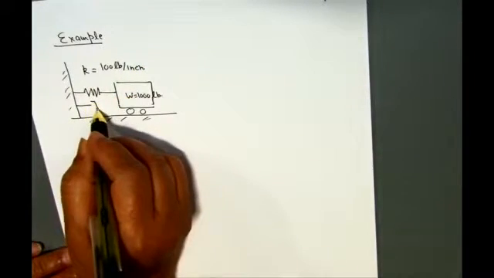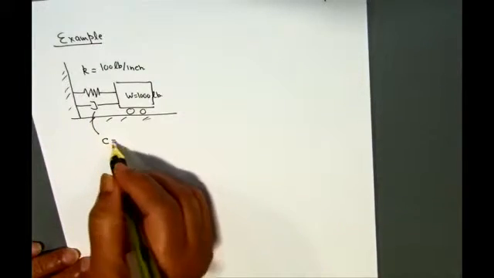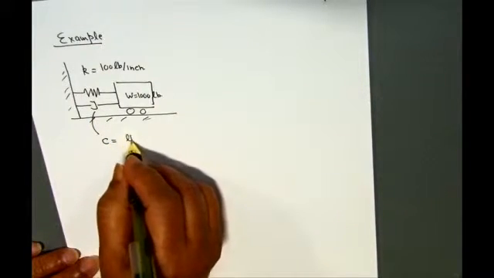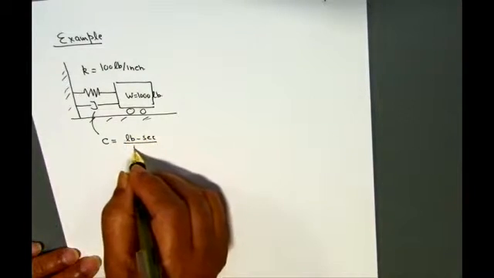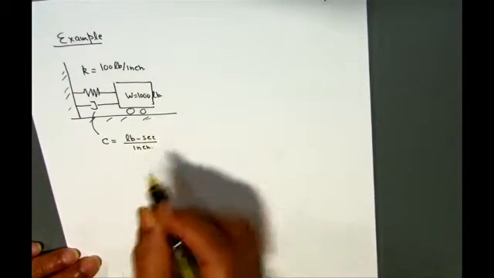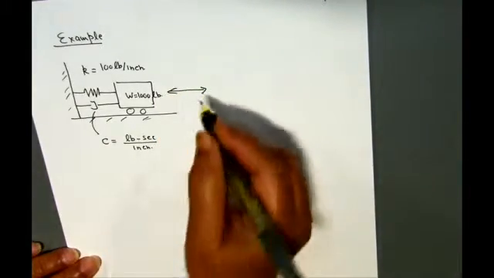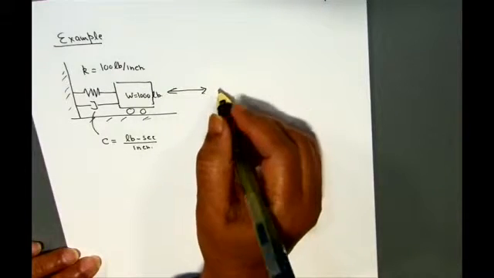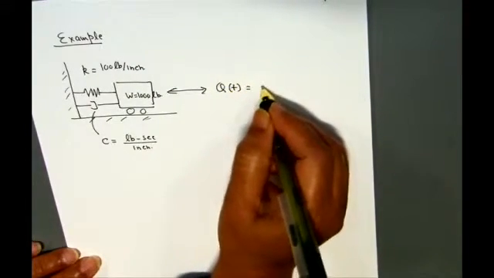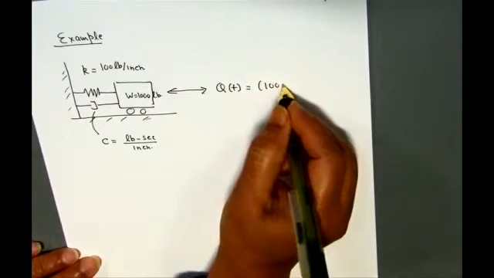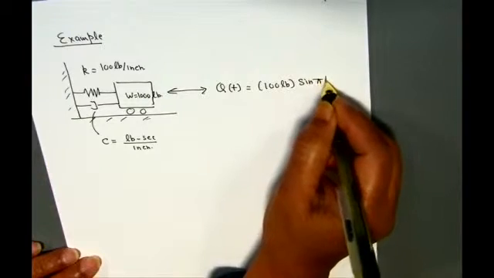It has one damper, and the damping coefficient C is always given in pound second per inch. Okay. And this system is subjected to a force, Q of t, equal to 100 pound sine pi t.